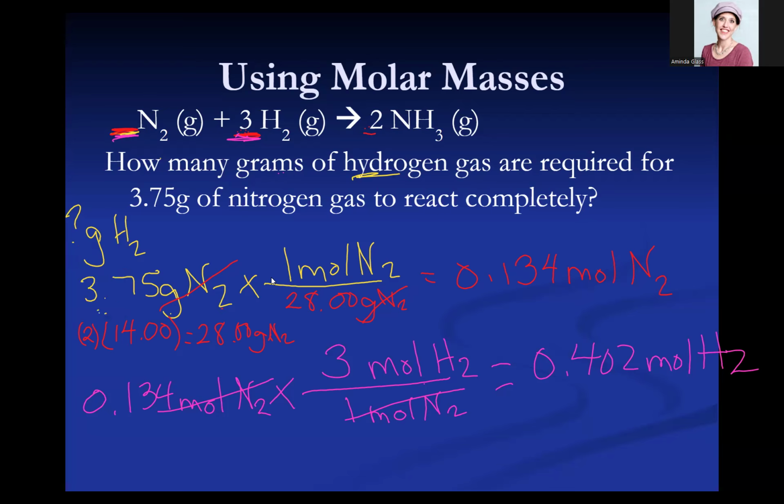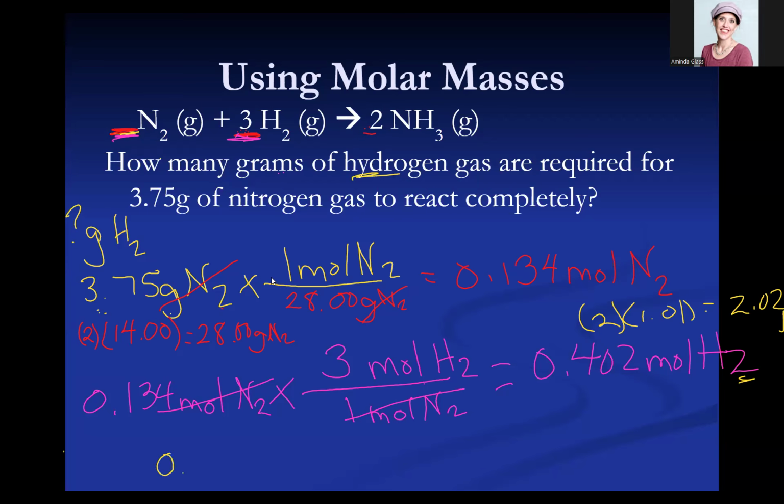Now I can turn moles of H2 into grams of H2 because I know to calculate the grams, I'm going to use my molar mass from the periodic table. I have 2 hydrogens times 1.01. That gives me 2.02 grams in 1 mole.